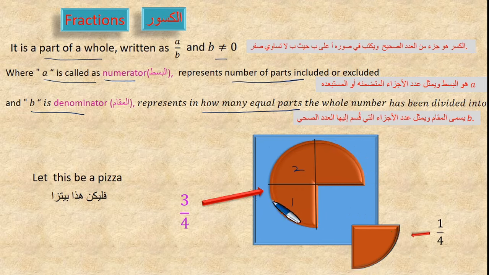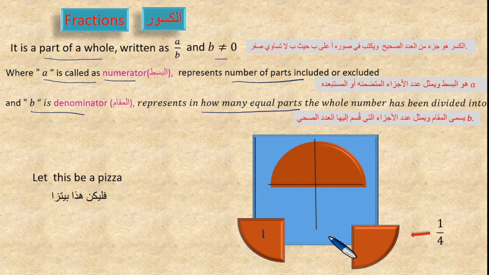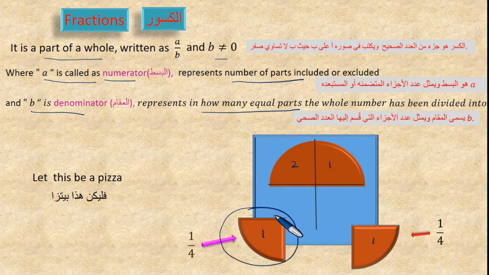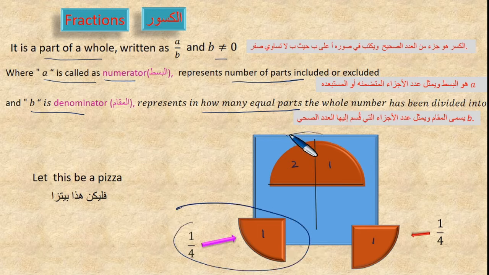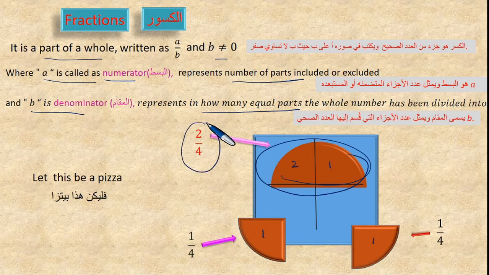Now, if I want to cut one more part over here, then this is also one part, and these are the two parts of the pizza. And this part can also be written as 1 over 4. Total parts are 4 and this is one of the fourth part. So this is 1 over 4, and these two parts can be written as 2 over 4.